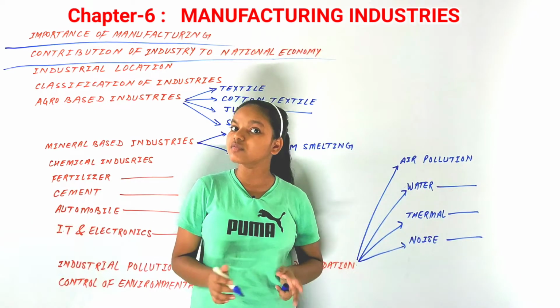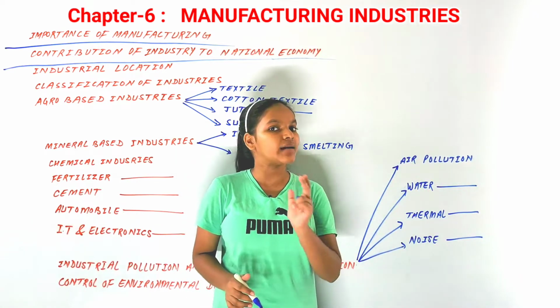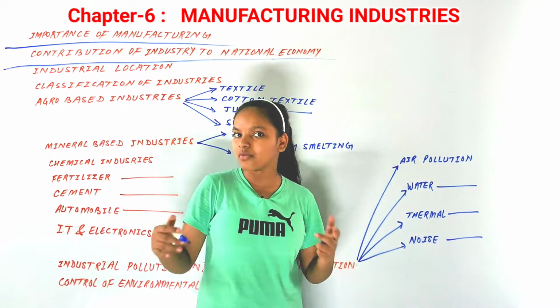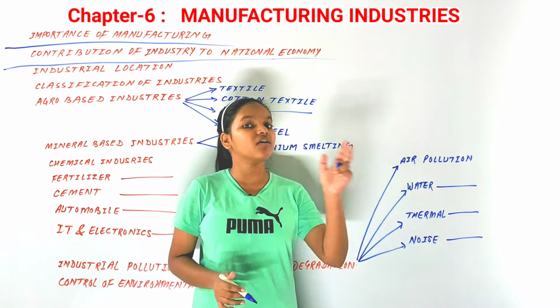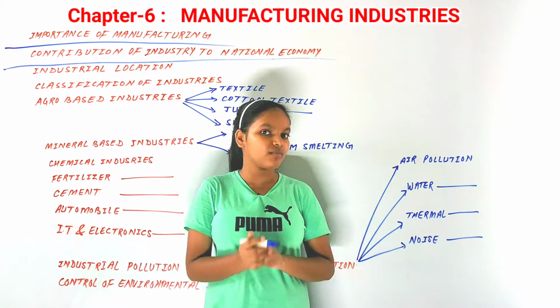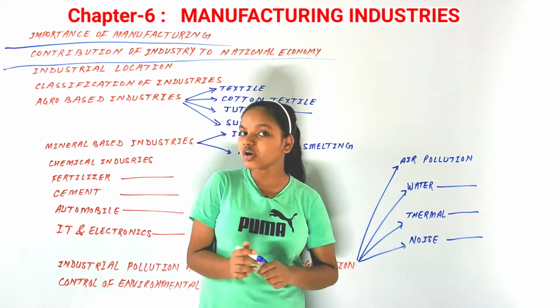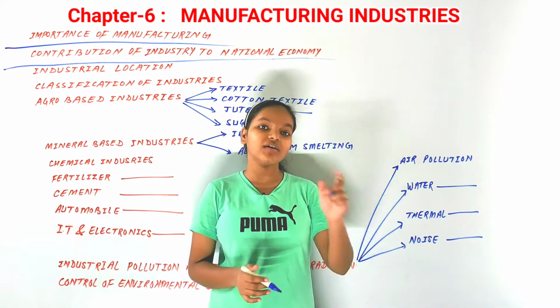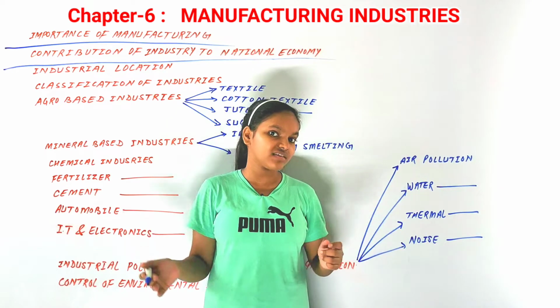You'll have to remember that, it's a very important thing. So we have talked about the contribution of manufacturing industries to the national economy. The backbone is agriculture, but after that we have manufacturing industries as well.